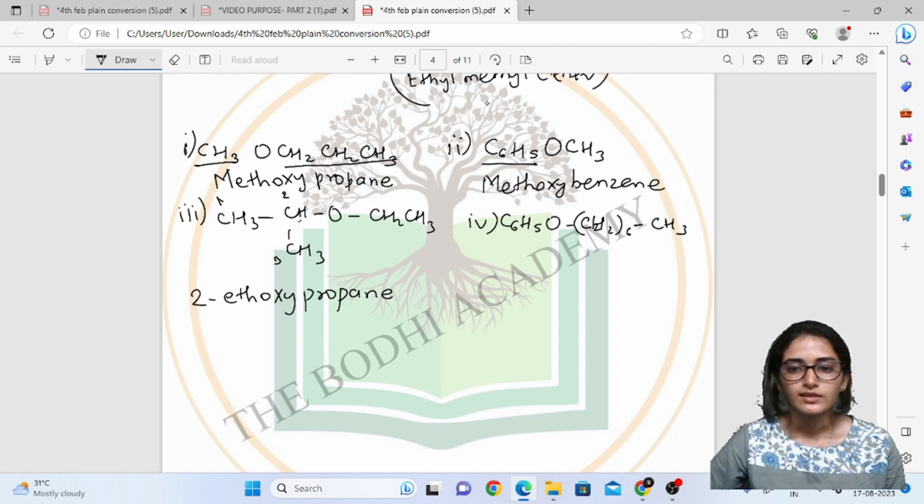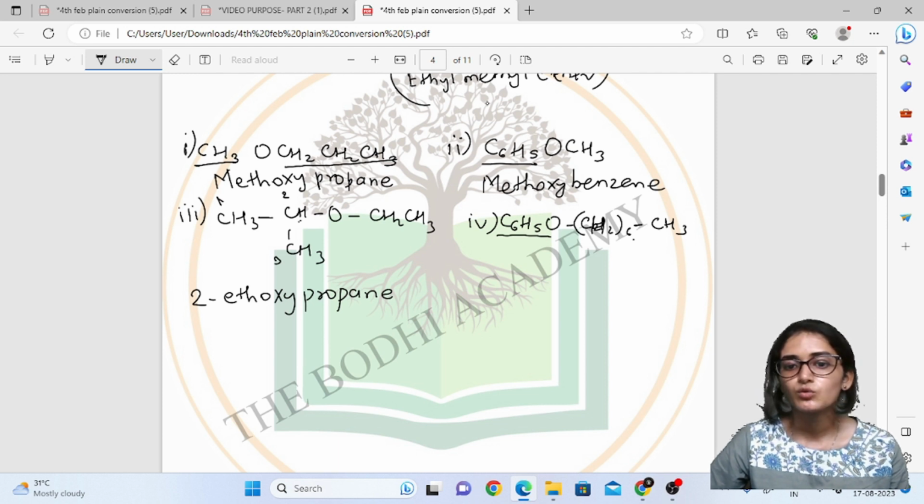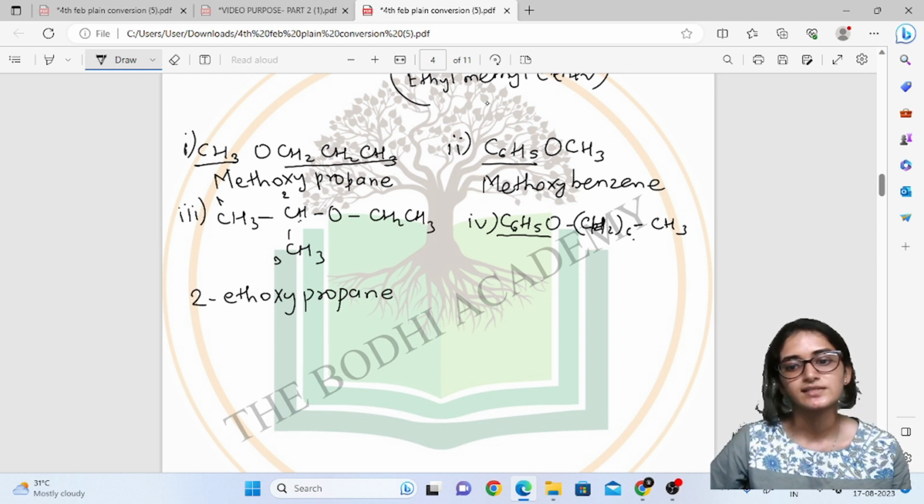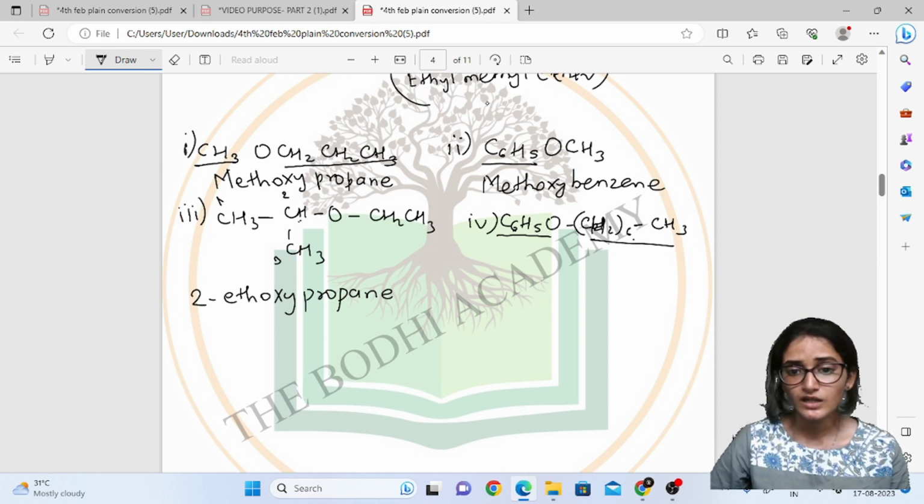The next example is also a little complex. Here we have C6H5 and on this side we have CH2 six times and CH3. Where are there more carbons? In the first case we have 6 carbons and in this case we have 6 plus 7 carbons. So obviously this side has more carbons, and the name will start like this. Now this is benzene, C6H5. What we call benzene in common usage is the phenyl ring.